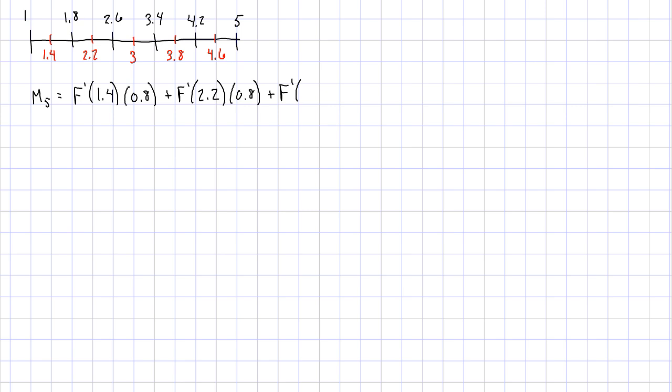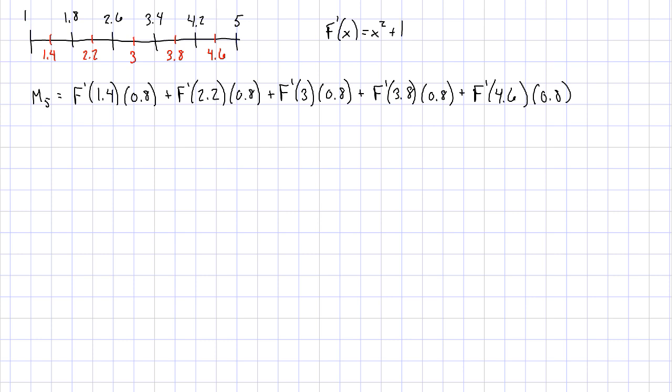We will do the function evaluated at 3 times 0.8, the function evaluated at 3.8 times 0.8, and the function evaluated at 4.6 times 0.8. And remember that the function was given in the problem statement. We've been using it all along, it is x squared plus 1. So that's what I will be plugging in. I will plug each of these midpoint values in for x. And then I will do the arithmetic, and that is my midpoint approximation for this particular scenario. Thank you so much for watching.